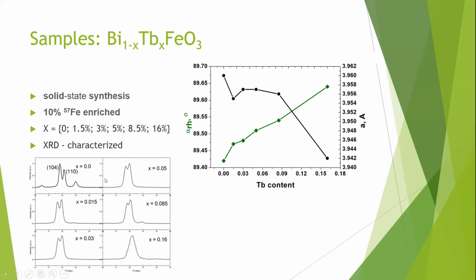We performed X-ray analysis of these samples, and we found out that all the samples from the series are still in the rhombohedral state, in spite of some literature saying that somewhere around 15% doping it's already orthorhombic. And we found out that the rhombohedral angle is growing as the terbium content is increasing, and it has a tendency to become 19 degrees, as was expected.